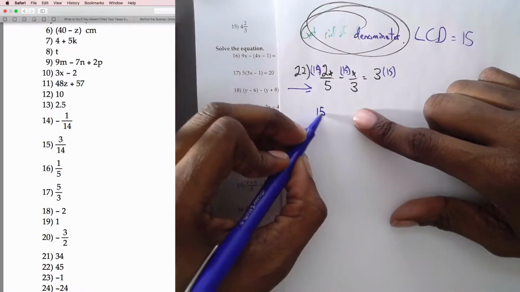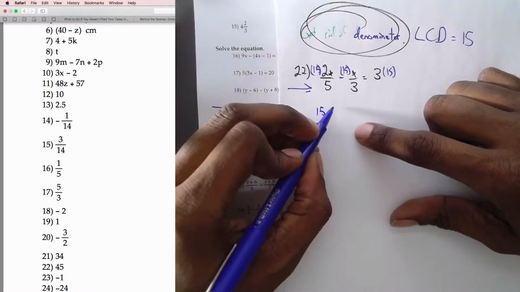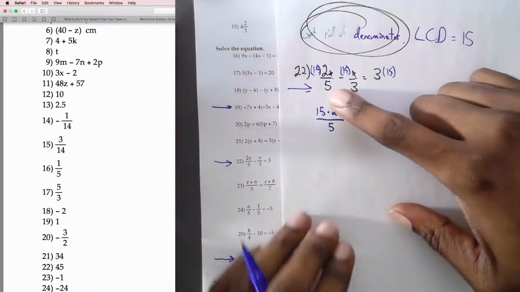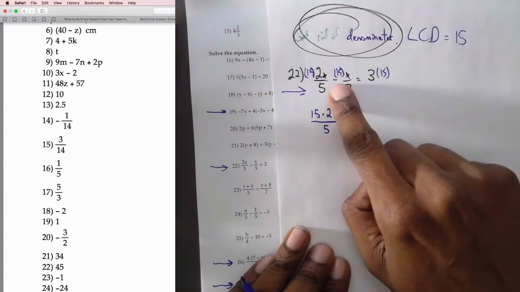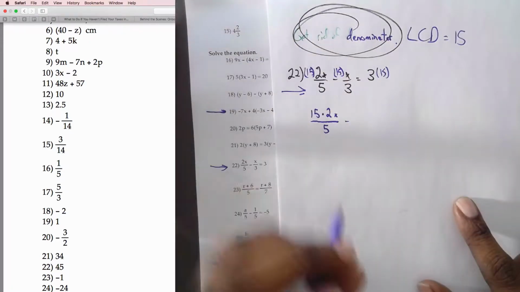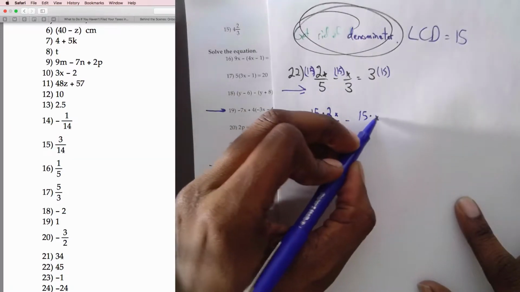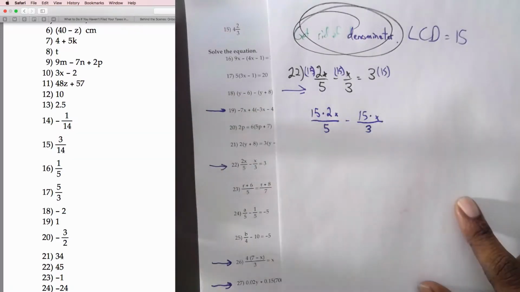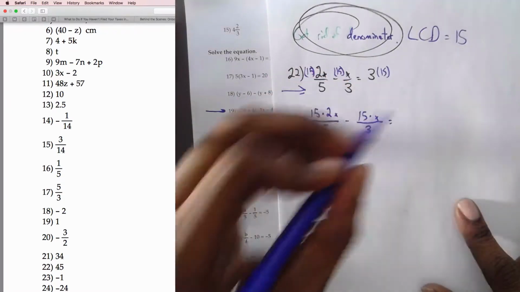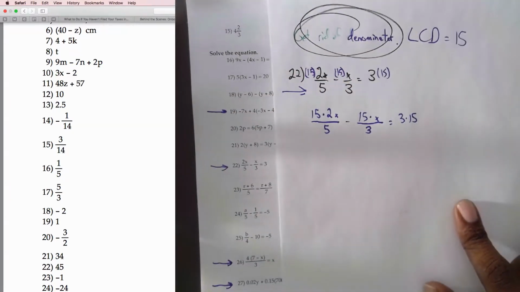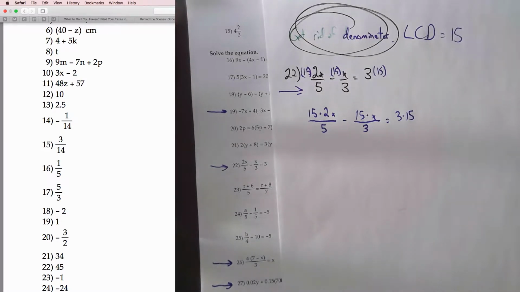I have a 15 times 2x, and that's over a 5. I have a minus sign. I have a 15 times an x over a 3. And I have a 3 times 15. 15 by each term. That is how we get rid of the denominator.